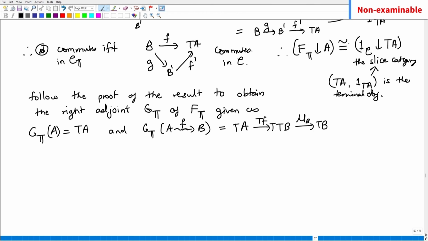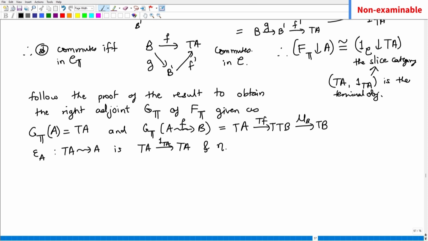Okay, now there are a little bit more things to verify before we can finish discussing this Kleisli construction. So epsilon A, from TA to A, where does it happen? It happens in the C_T category. So epsilon A is just the identity map on TA. This also you can verify very easily.